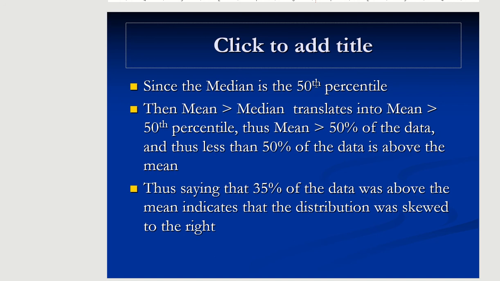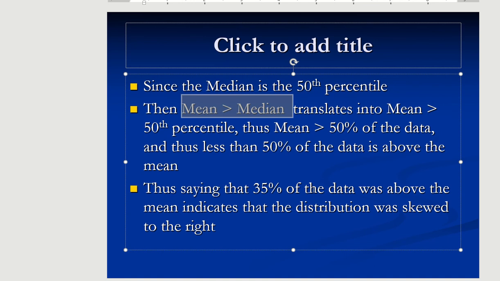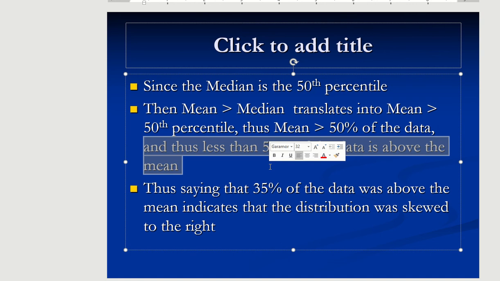Okay, so knowing that the median is the 50th percentile, meaning 50% is below it, then if the mean is larger than the median, as in a positively skewed distribution, this translates into the mean being above more than 50% of the data. Okay, it is more than the 50th percentile, and thus less than 50% of the data is above the mean.